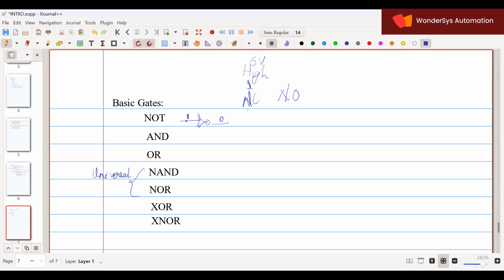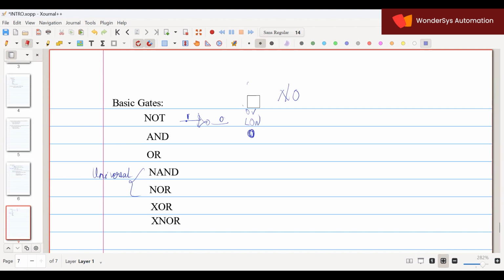Output 0. If I give the high state, the output will be low. You will get 0. Don't say that if I give 1 to the NC switch, it will give a NO output. Don't tell it like that.